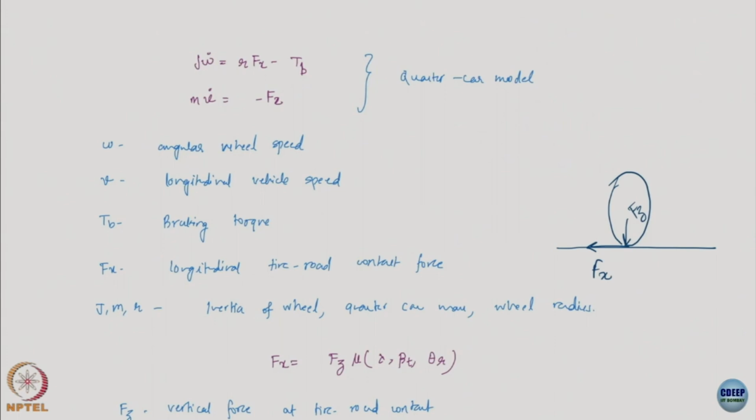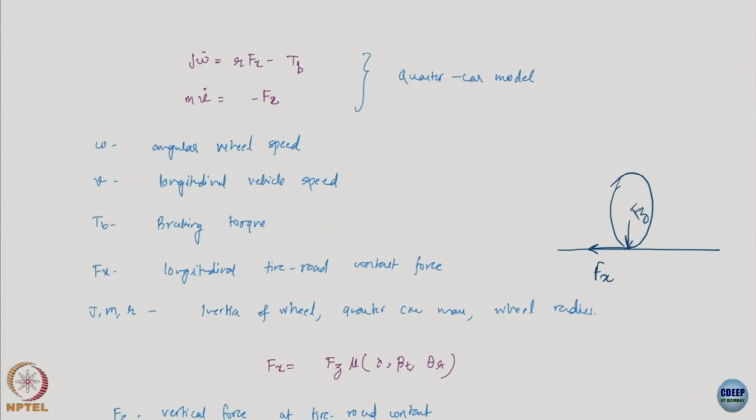So the quarter car model looks something like this. Again, the state variables are omega and v, which are the angular vehicle speed and the longitudinal vehicle speed. Since it's a quarter car model, it's just one wheel. So you just have the angular vehicle speed and the longitudinal vehicle speed, and then the factors affecting these are your braking torque, which is your control.